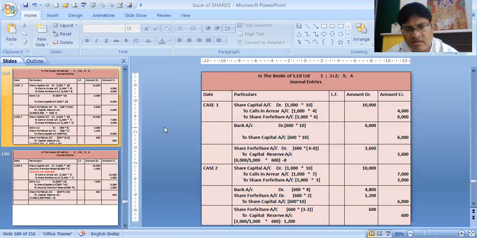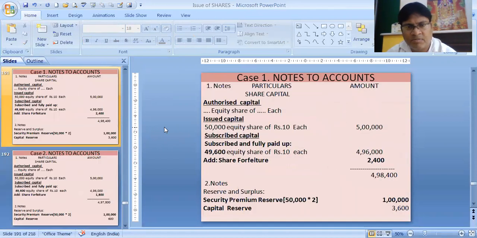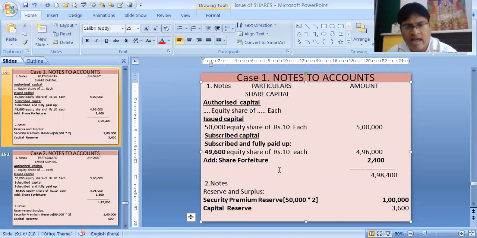Let's see our balance sheet for this case 1. Case 1 balance sheet. Authorized and issued are the same. Subscribed capital 49,600. Why? The company had issued 50,000 shares. 1,000 shares the company has forfeited, so it became 49,000. Again 600 reissued, so 49,000 plus 600, 49,600, reissued as fully paid up, rupees 10 each. So 4,96,000, 49,000 into 10 and 600 into 10. Add share forfeiture.